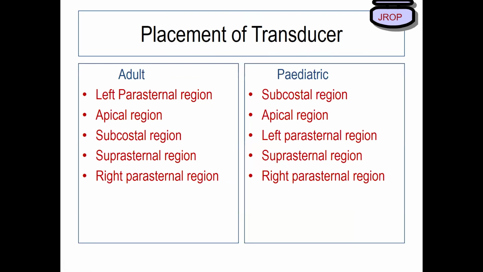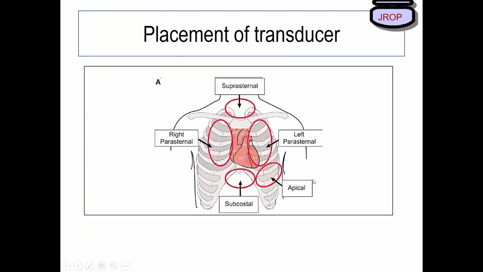So what do we do? In adults, we start with the parasternal window, left parasternal region, apex region, subcostal, suprasternal, right parasternal region. However, in the pediatric population we reverse: we start with the subcostal window, then come to apex, parasternal, suprasternal, right parasternal region. So these are the positions of the probe.